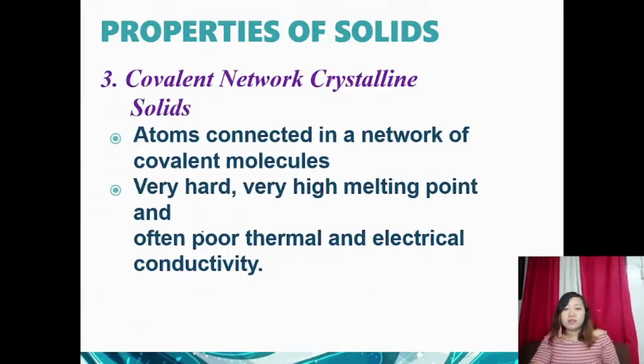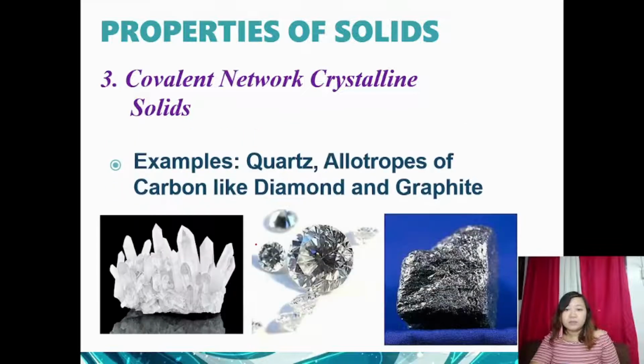Next are the covalent network solids. Such as quartz with a chemical formula, silicon dioxide, SiO2, and then diamond. This is an allotrope of carbon.